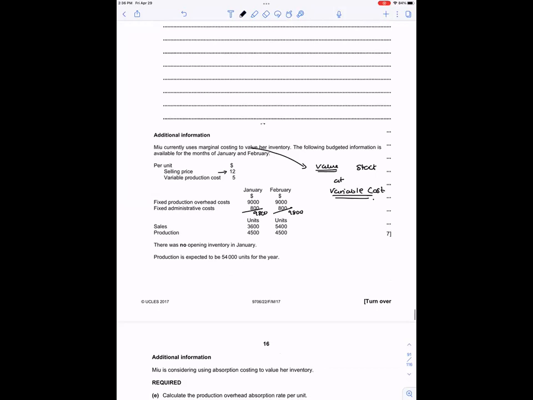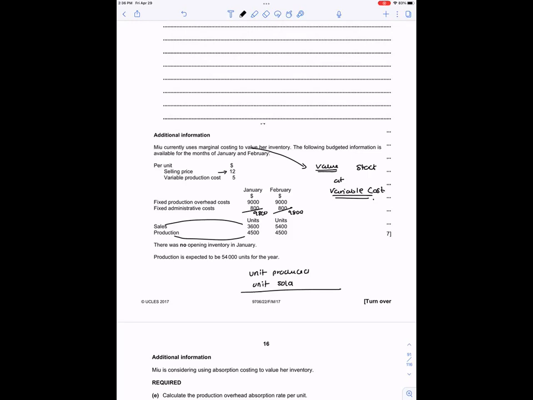Now, if you look over here, in January, my sales is 3,600, but my production is 4,500. Since the unit produced and unit sold, is it the same or it's not the same? Not the same.